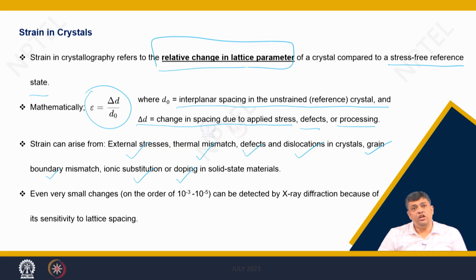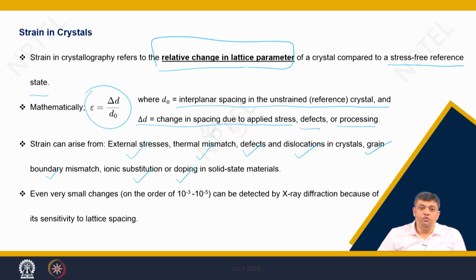So, there are a huge number of parameters which will lead to the appearance of strain, and that is why it is very important to understand the concept of strain and what is the magnitude of that in a given material.